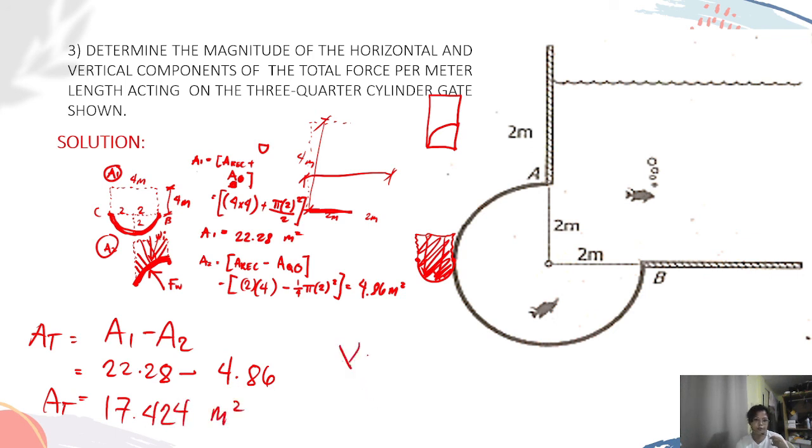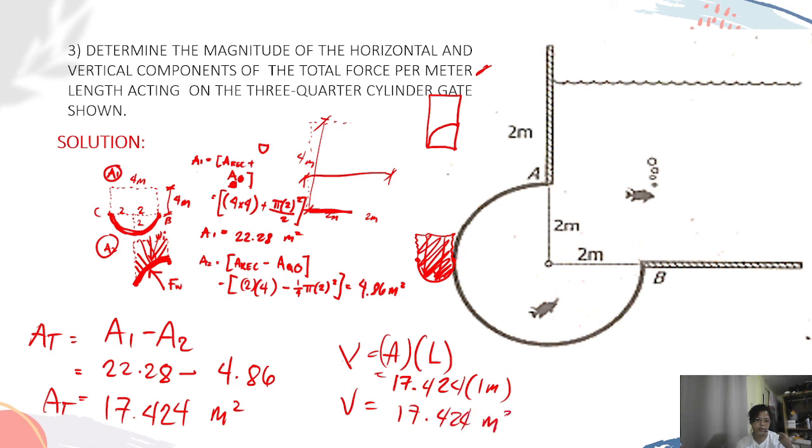Now, to get the volume, we have to multiply area by the length. Ano na nga yun sabing length dito? Ayan, per meter length na. So, kung sinabing per meter, that is already 1 meter length. So, the total volume now is 17.424 cubic meter.